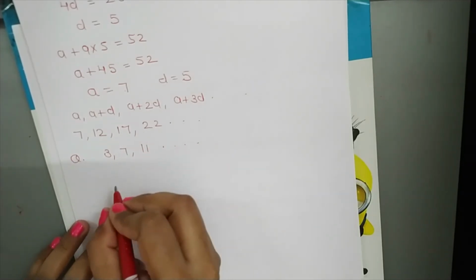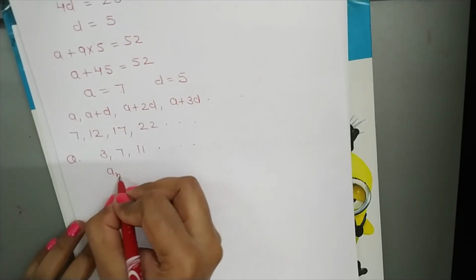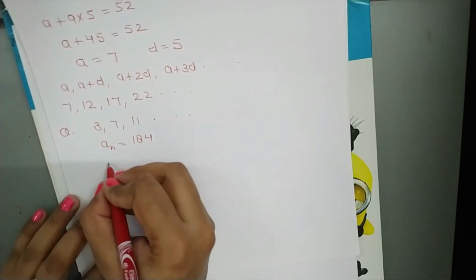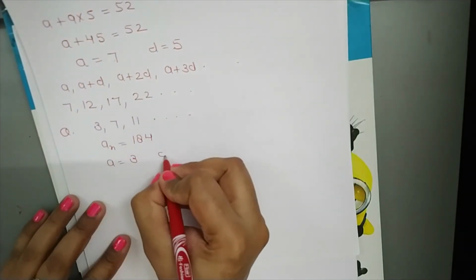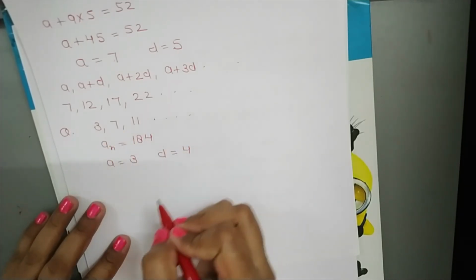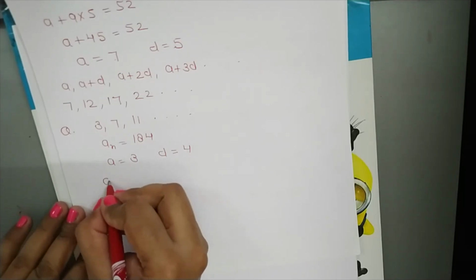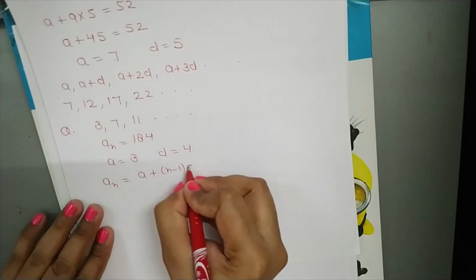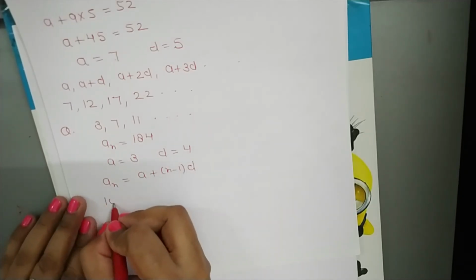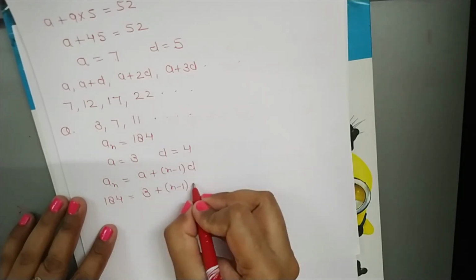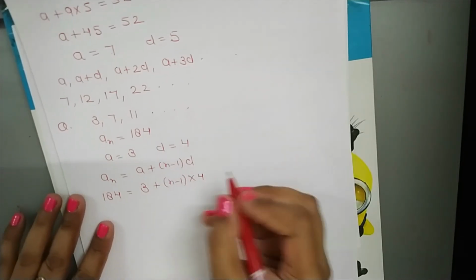Okay, now the next question: is 184 a term of the sequence 3, 7, 11 and so on? So we can say that suppose an is given as 184. Now we have to find the value of n. So a is 3 and d is equal to 4, 7 minus 3 is 4, 11 minus 7 is 4. So we have to put this value in a plus (n minus 1) d. An is 184 is equal to 3 plus (n minus 1) into 4.